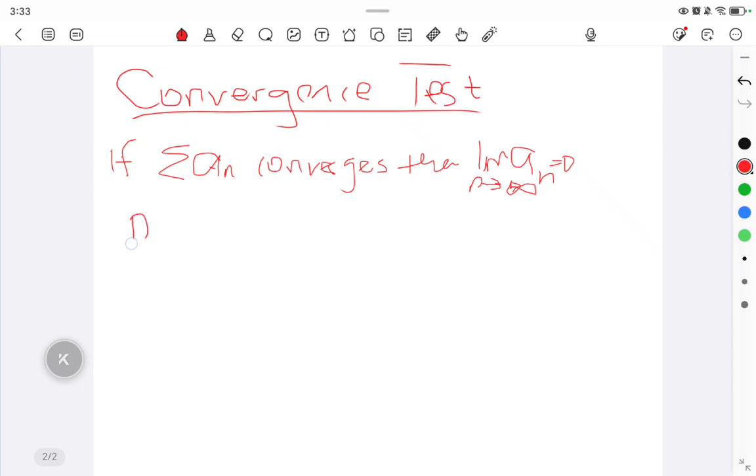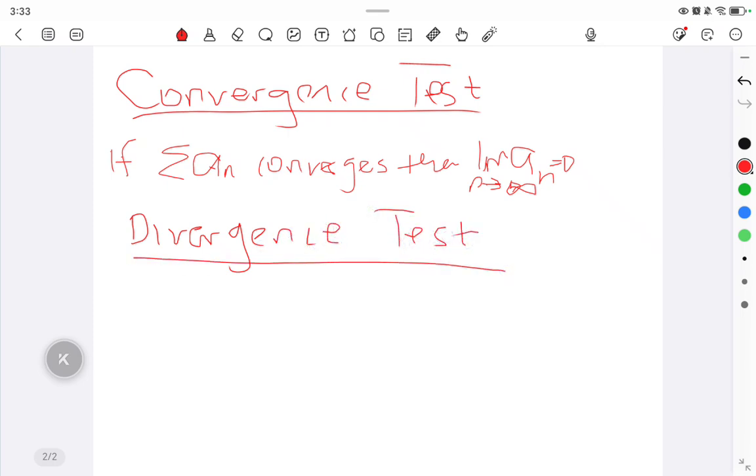Then when we come to the divergence test, we have to talk about the limit first.